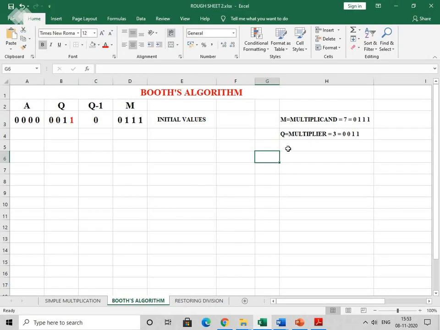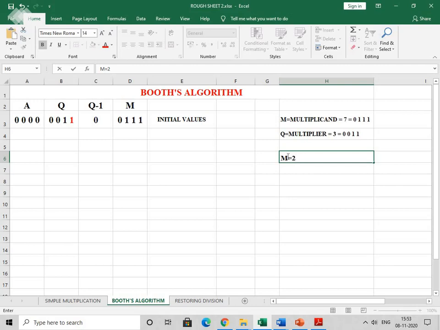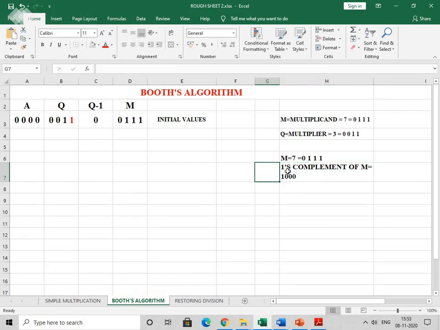So what will be the 2's complement of M? In M we have 7, which is equivalent to 0 1 1 1. The 1's complement of this is 1 0 0 0.